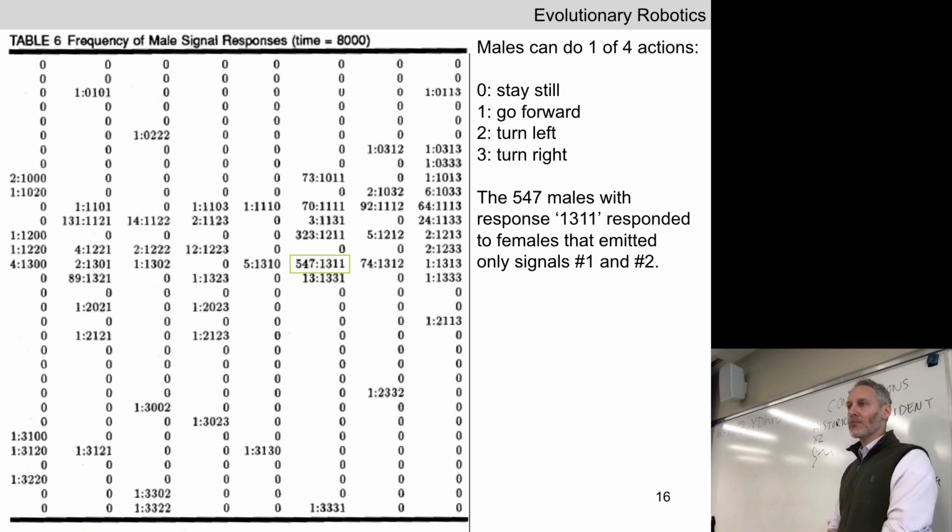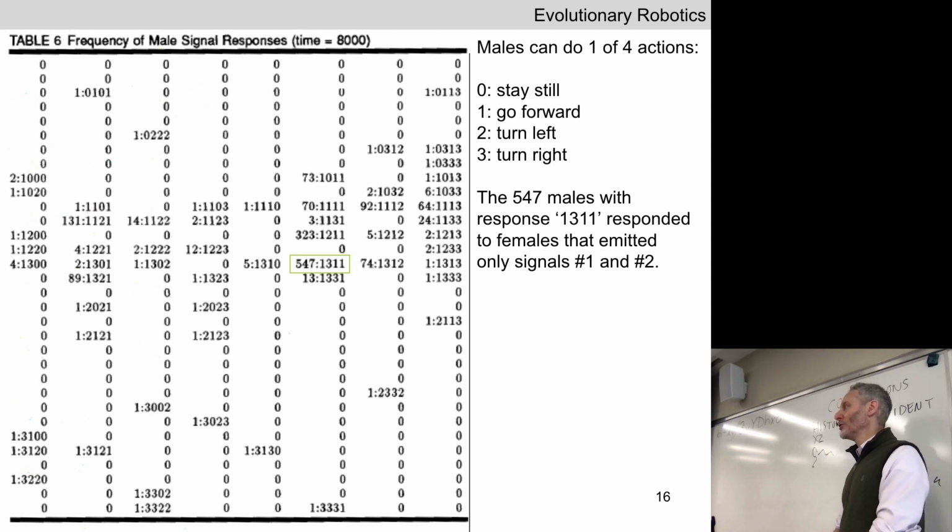Also, none of the big ones, with the exception of the 74 to the right of it, like the 323 and a lot of the 70s, only have 2. Most of them aren't using all 3. Some of them are using 2 of the 4 motor primitives that are available to the males. Some are using 3. Some are responding to 2 out of the 4 female songs, and some are responding to 3 out of the 4 female songs.